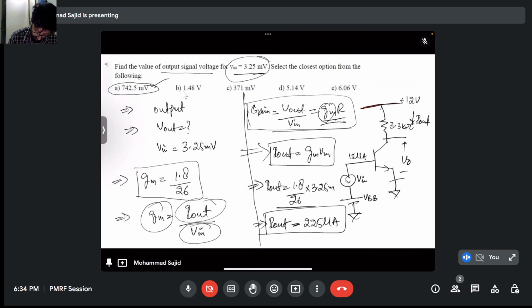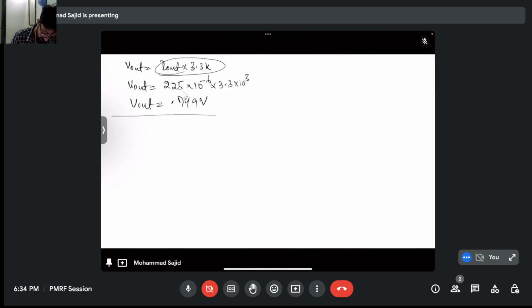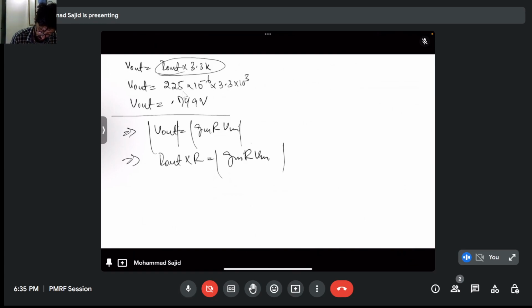If I see here, V output is equivalent to GM R into V in. If I use this as I output into R is equal to GM R V in, R goes, I output is GM V in, right?